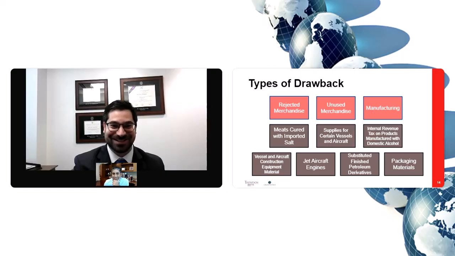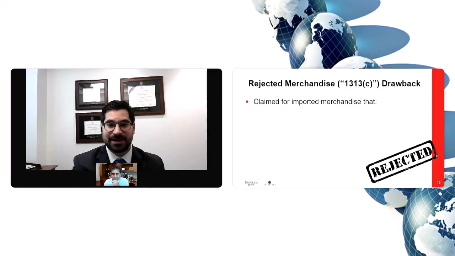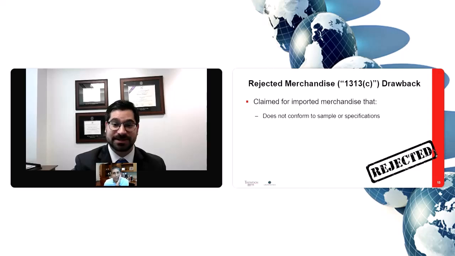Let's jump into rejected merchandise. So rejected merchandise drawback, sometimes known as 1313C drawback, is claimed for certain imported merchandise that I myself like to casually refer to as merchandise. So this is merchandise that does not necessarily conform to sample or specifications. It may have been shipped without the consent of the consignee.